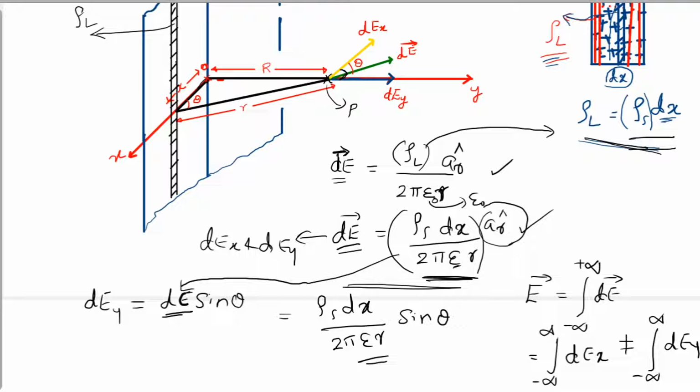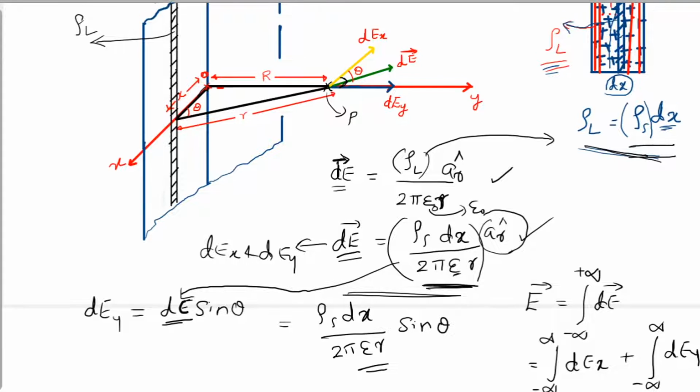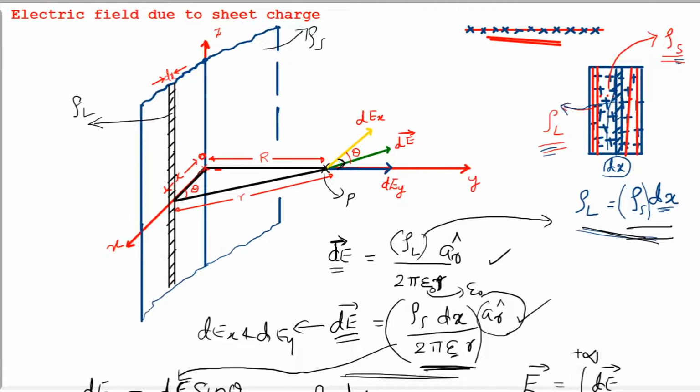Now listen carefully. Now I will tell you why I have not considered dEx. Similar to the line charge derivation, where we neglected the Z component, if you remember. Same way, what if I consider this dx on the other side?